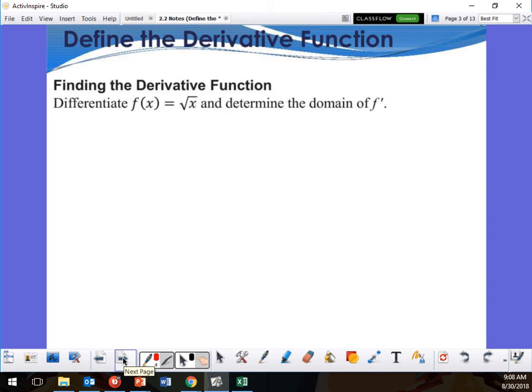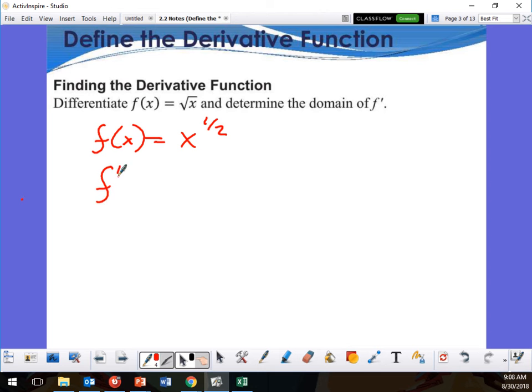All right, find the derivative of this and determine the domain. So now, first, I don't like writing it like that. So I'm going to write it like this. x to the 1/2. If you write it as fractional powers, it makes life so much easier. Because you're going to have a power as a fraction anyway, because when you take the derivative of that, that fraction has to go out in front, right? Okay, so let's go ahead.